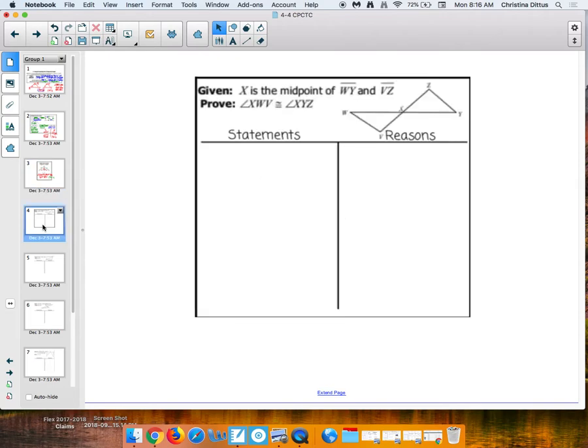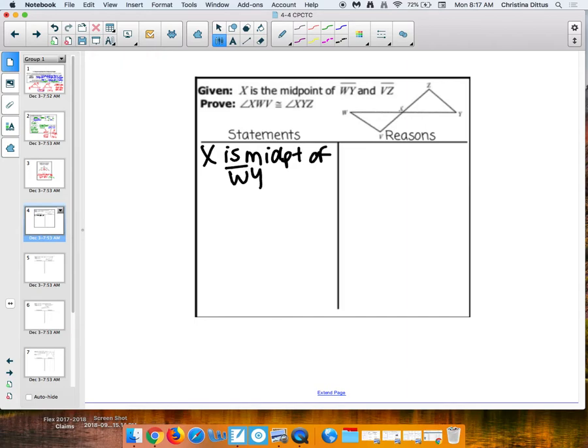Alright. Try another one. First thing of my proof is always what? My given thing: X is the midpoint of WY and VZ.